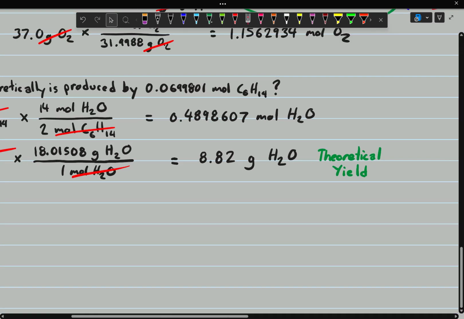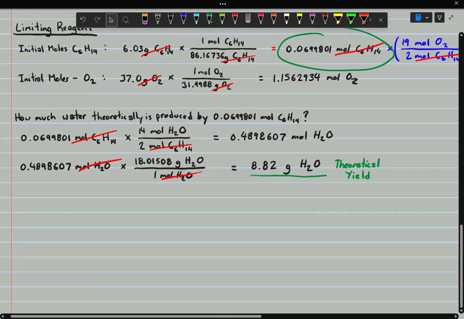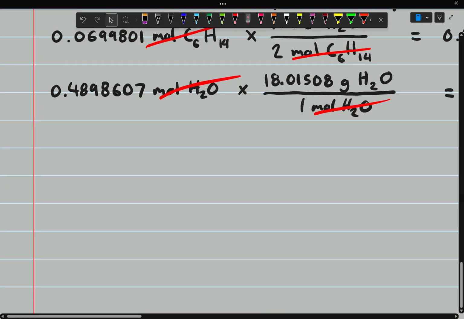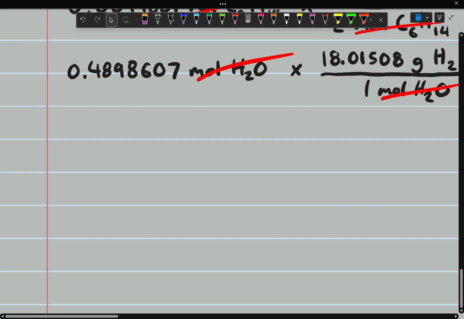So, up until this point, all we have done is exactly what we did in the previous problem where we calculated theoretical yield. So, percent yield is exactly the same as our last problem, just with one extra step. And that extra step is this little equation.